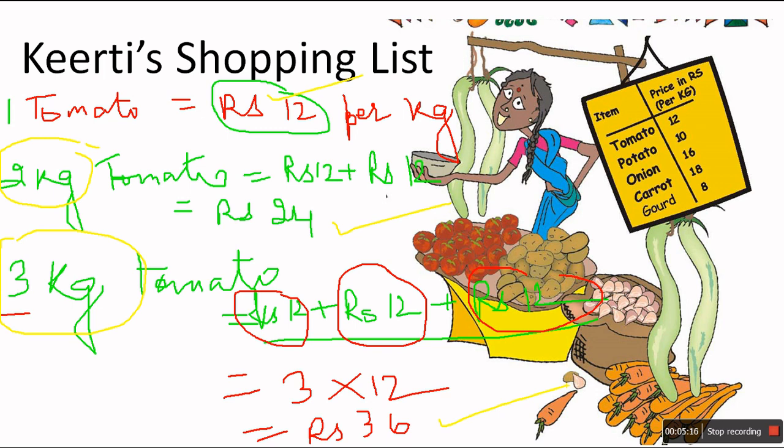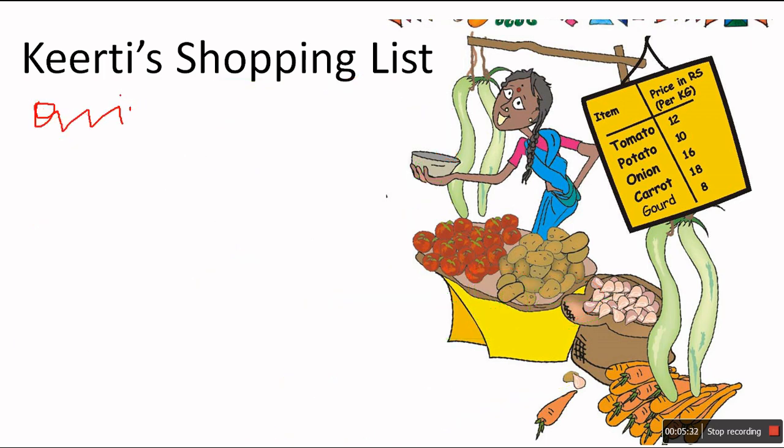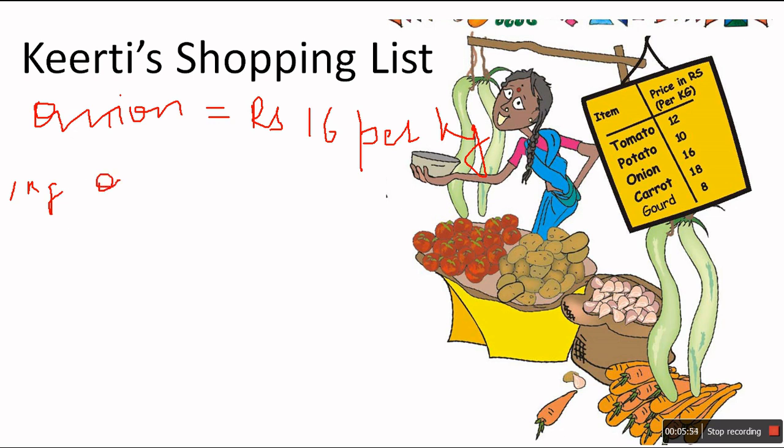In a similar way, we can do it for fractional quantity. The rate of onion is rupees 16 per kg. What does it mean? It means 1 kg onion is equal to rupees 16.